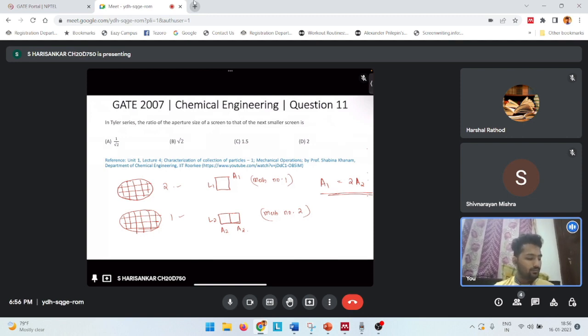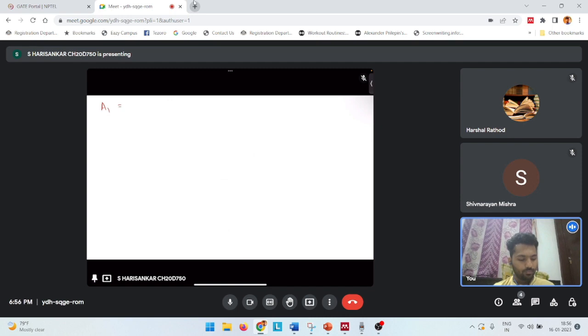So then area A1 will be L1 square and area A2 will be L2 square. So again, by Taylor series, we said that A1 is equal to 2 A2.